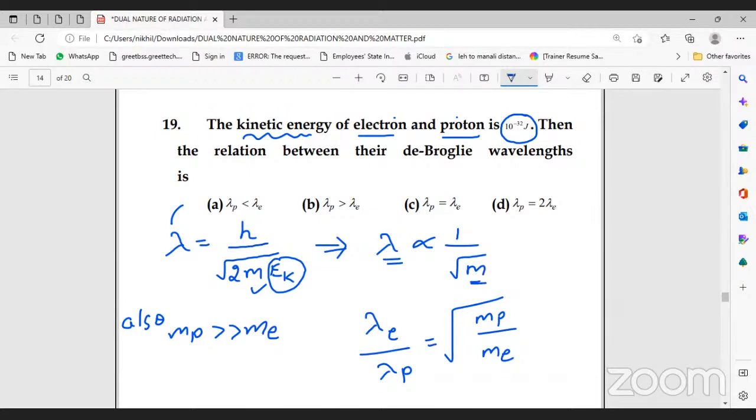Inversely proportional, no. If mass is more, wavelength will be less. So mass of the proton is very more compared to mass of the electron. This implies wavelength of the proton is less compared to the wavelength of the electron. More mass, less wavelength.